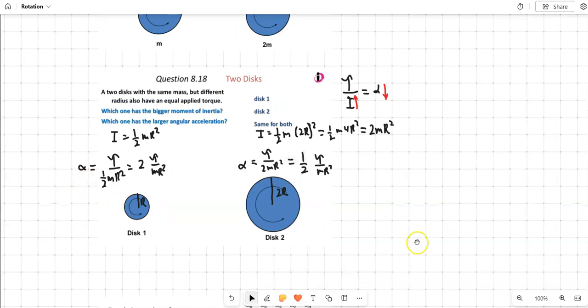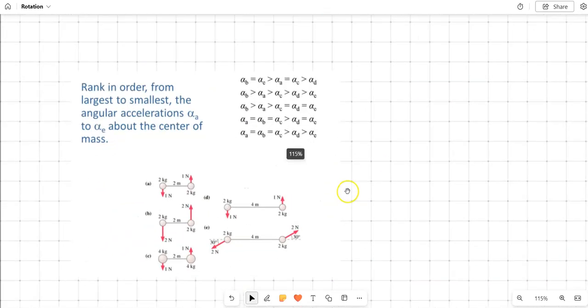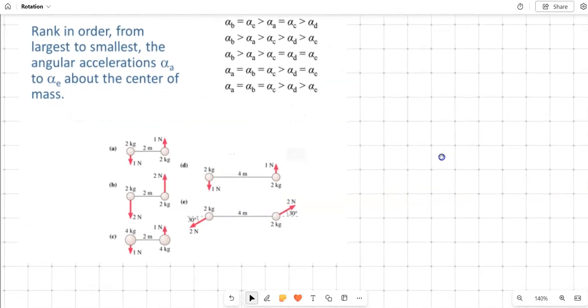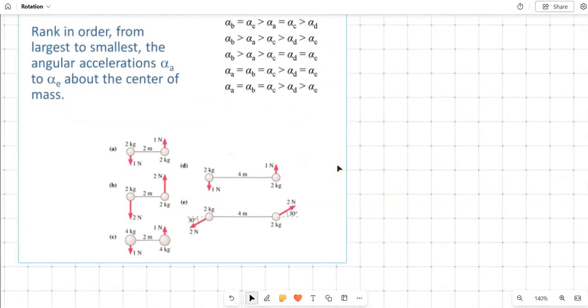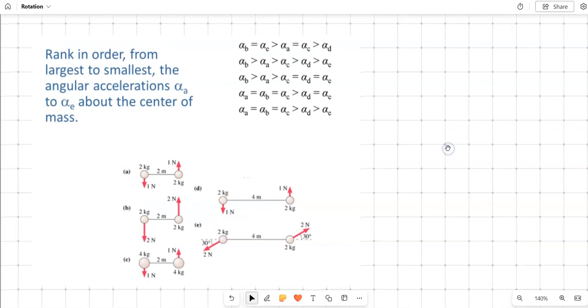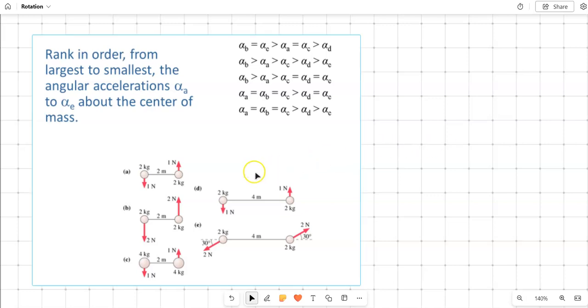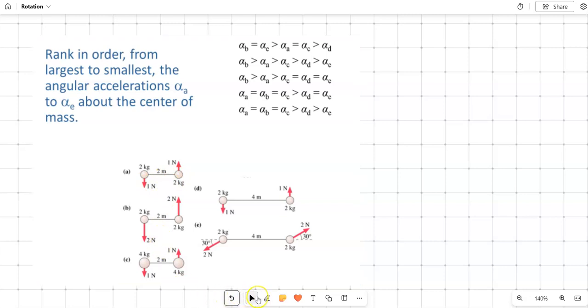Let's move on to some more complex problems. Okay, so this is a much more complex problem. It's a great problem because it's going to make us practice the procedures for summing up torques, summing up moments of inertia, and seeing how those two affect alpha. In this problem, you're given forces of 1 Newton here, 1 Newton here, 2 kilograms here, 2 kilograms, and they actually give you the distance in between both objects.